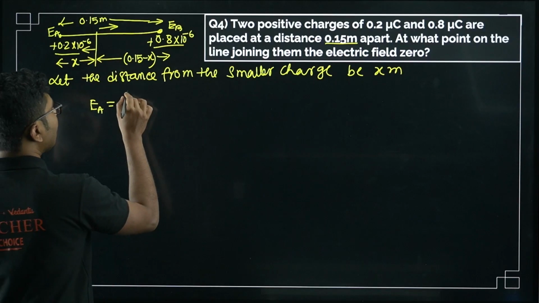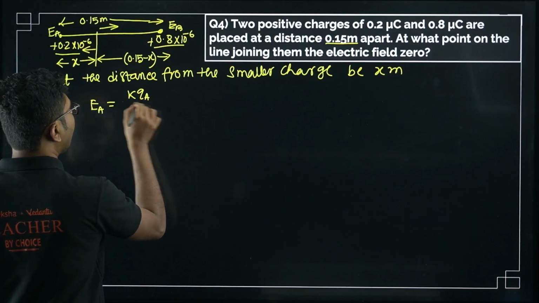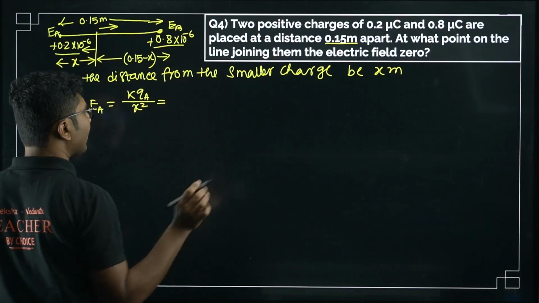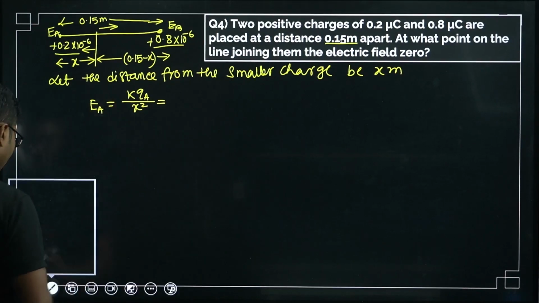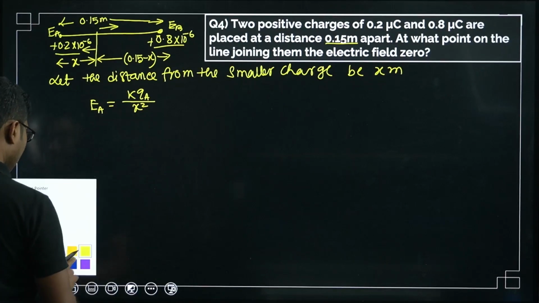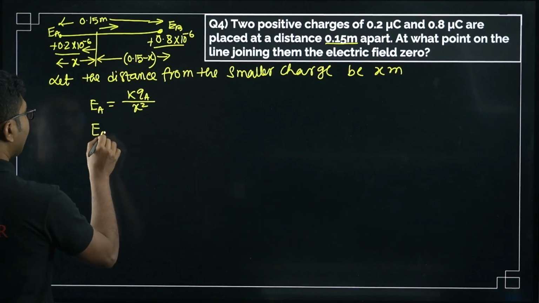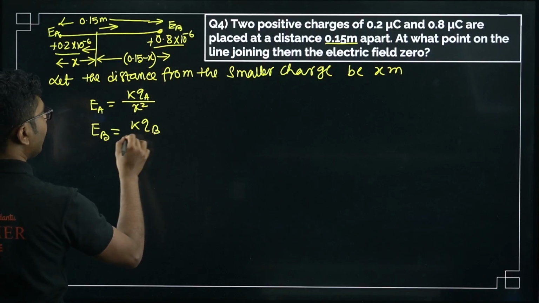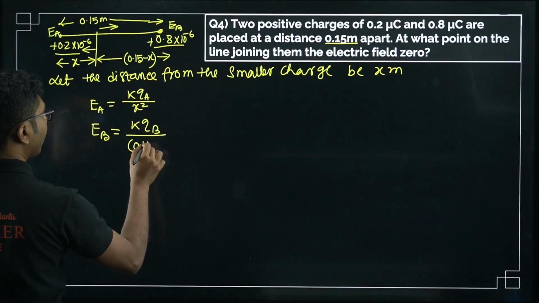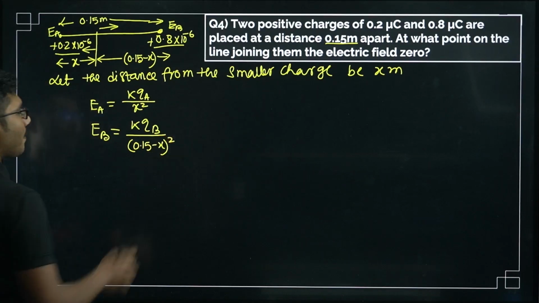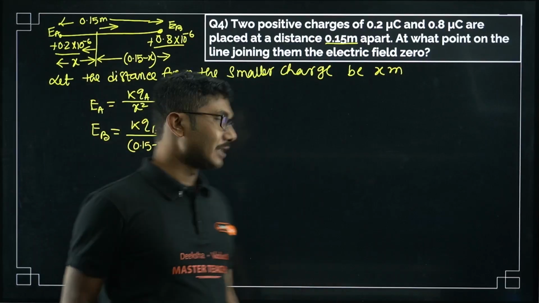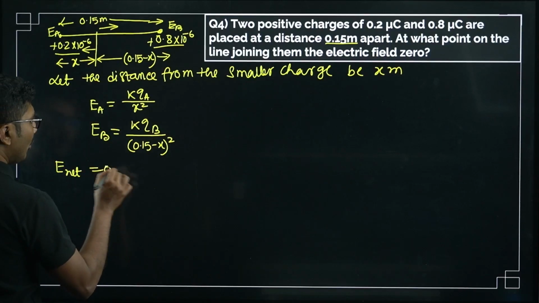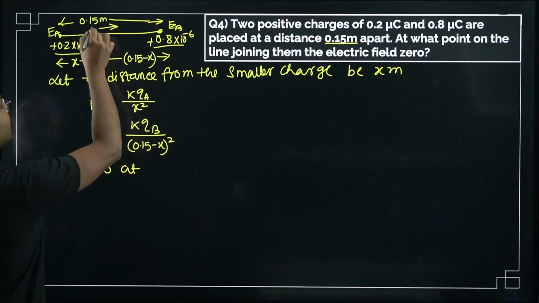So EA is equal to KQA by x square. Don't put any values at this stage, you just write EA and EB. EB is KQB by 0.15 minus x whole square. Now we know that the net electric field is 0 at, say, this point P.